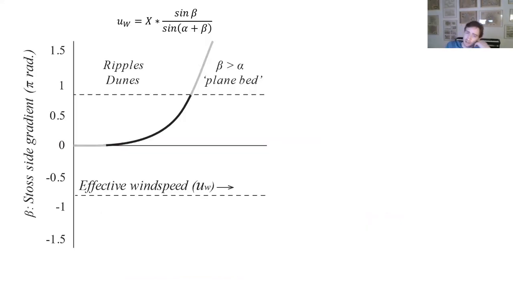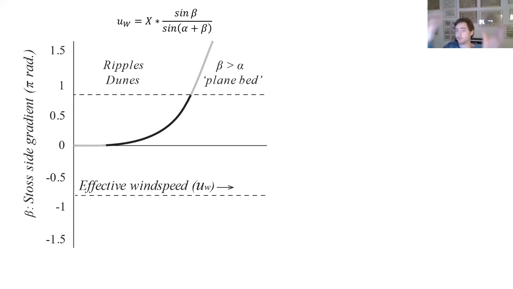Now, if you take this even further, you can actually explain the bedform stability paradigm as well. On the top, we have a simplified version of the equation that we derived that links the wind speed with the angle of the windward side.